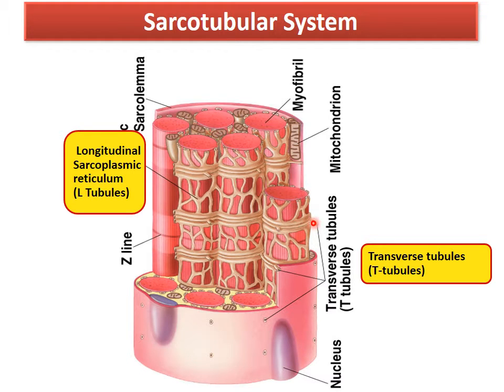This is the sarcolemma, and they communicate deep in the muscle fiber. Actually, these T tubules are the extensions of the cell membrane or sarcolemma that penetrate deep into the muscle fiber.